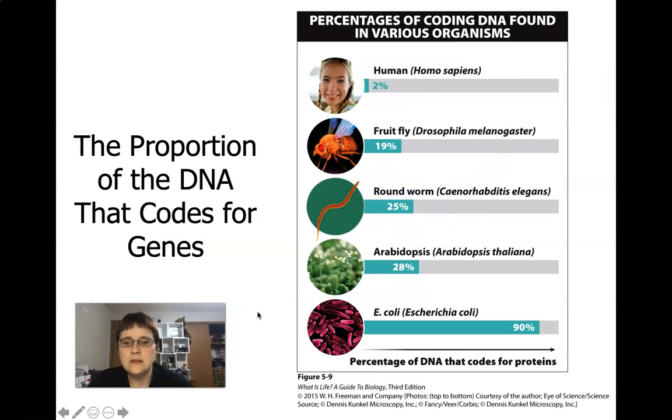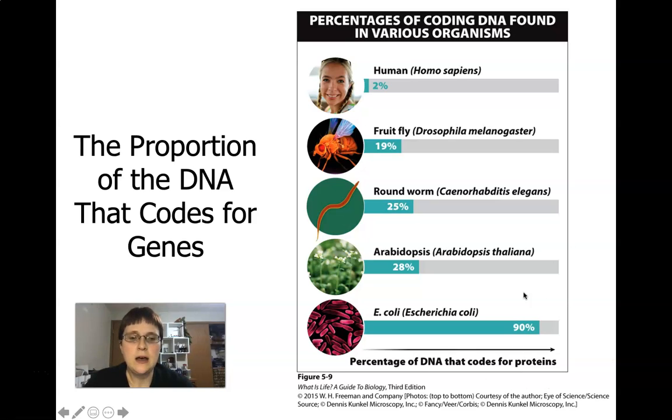And the main thing that we look at with DNA are those genes. Because remember, the genes are the directions. If you take a look at this chart, which organism has the largest amount of DNA that's actually coding for proteins, that's actually made up of genes?